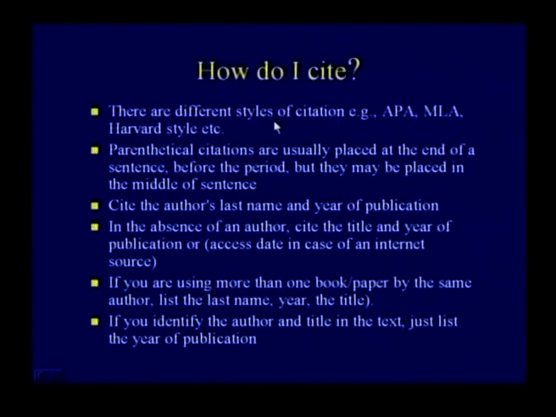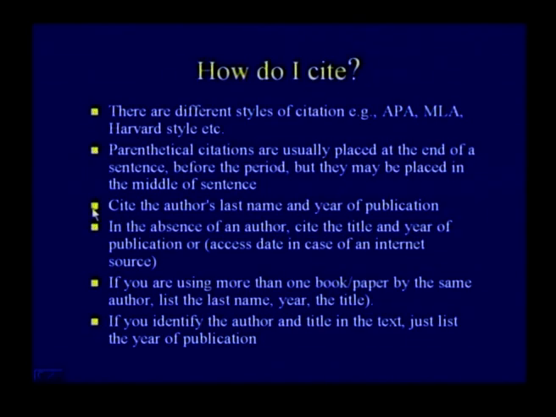There are different styles, just like there were different mechanisms to rank journals and conferences. Similarly, there are different mechanisms to cite your in-text documentation. Some of those styles are APA, American Psychological Association. They have their own style. Similarly, MLA or the Harvard style.